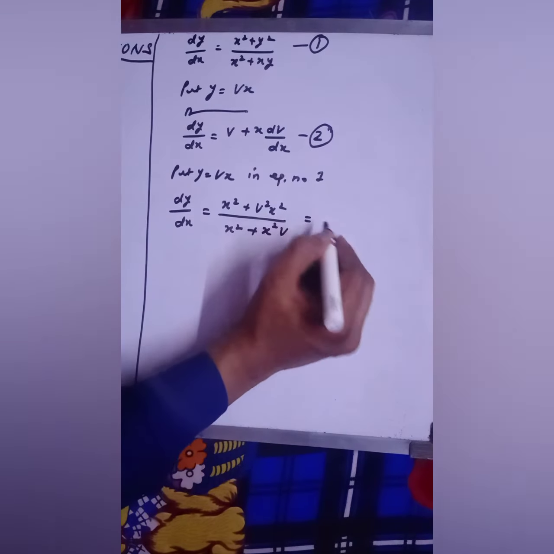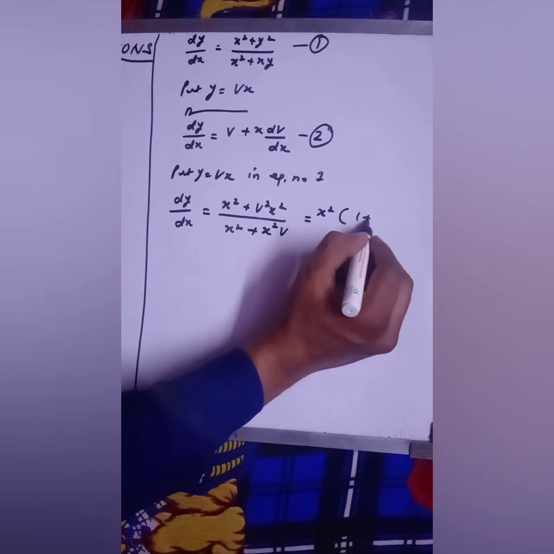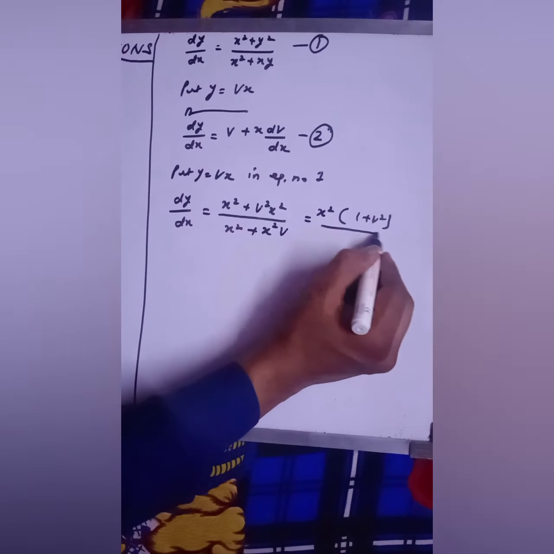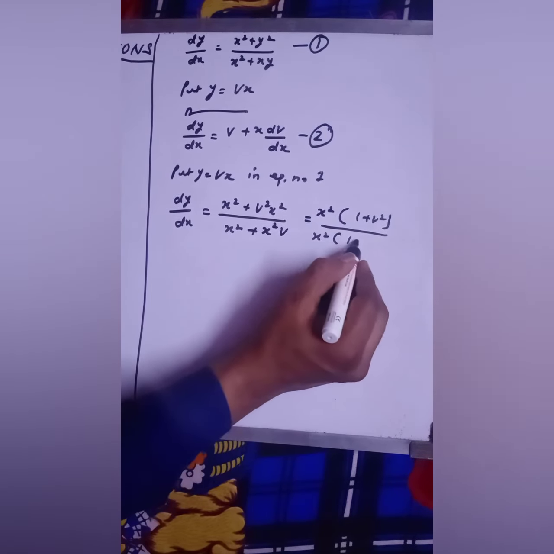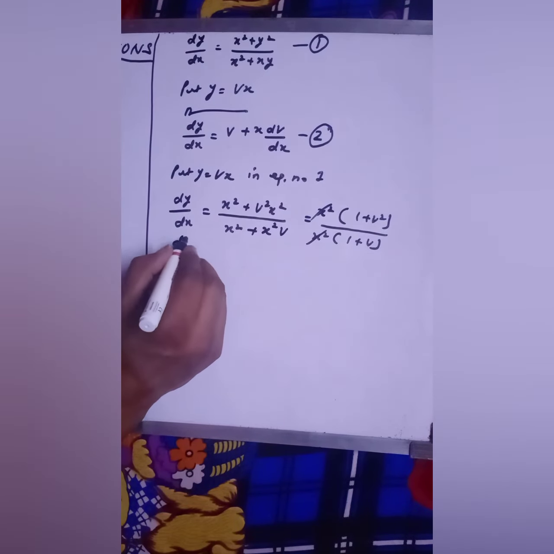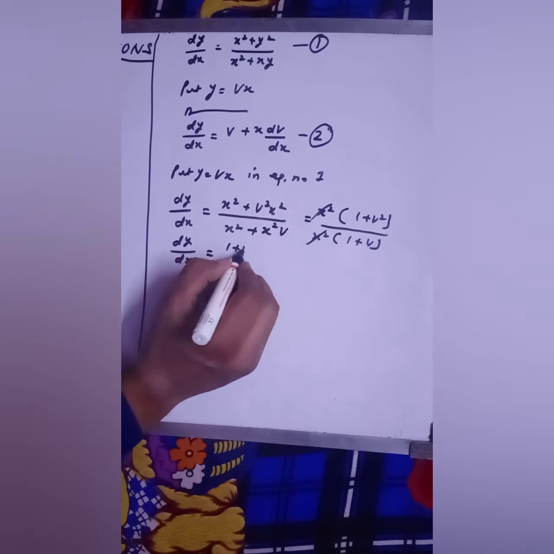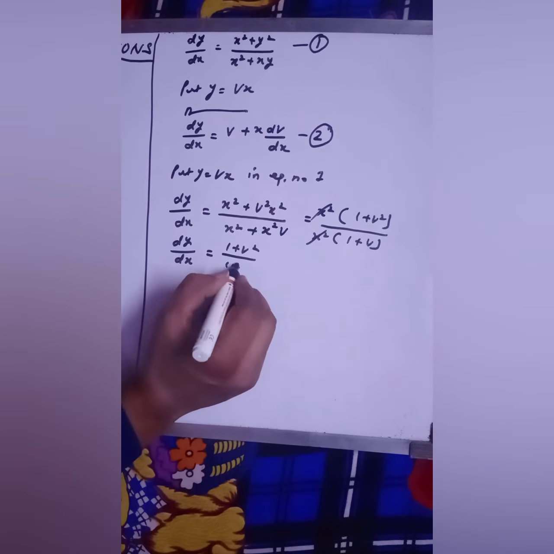Now x square you can take common, so you'll get 1 plus v square, and similarly from the denominator you can take x square as common. So x square and x square will cancel out, and your dy by dx would be equals to 1 plus v square over 1 plus v.